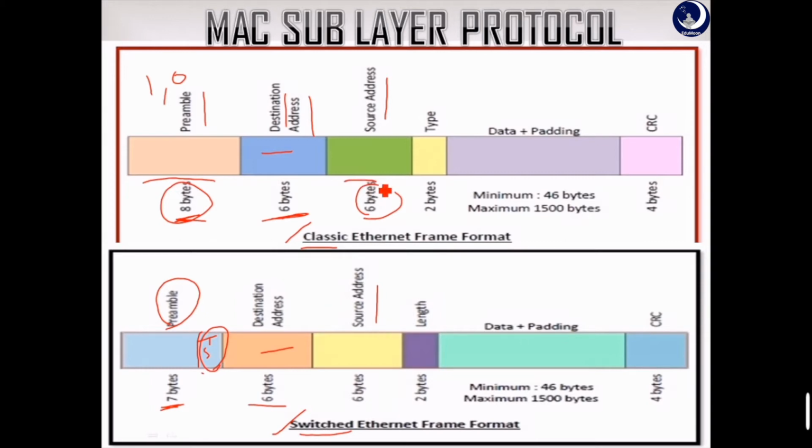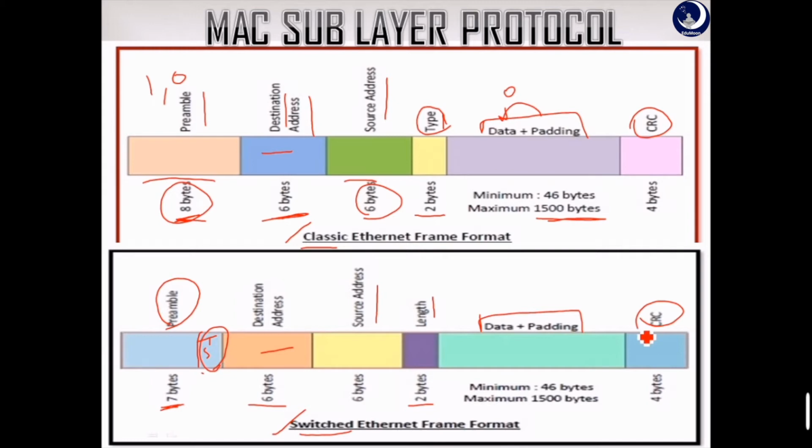Next is followed by the type or the length, which consists of 2 bytes. Here this stores the length of the data. Next comes the data plus padding. Now what is the padding? Padding consists of adding zeros to the data. This is done to prevent the loss in data. Now last comes the CRC, which is known as the cyclic redundancy check.